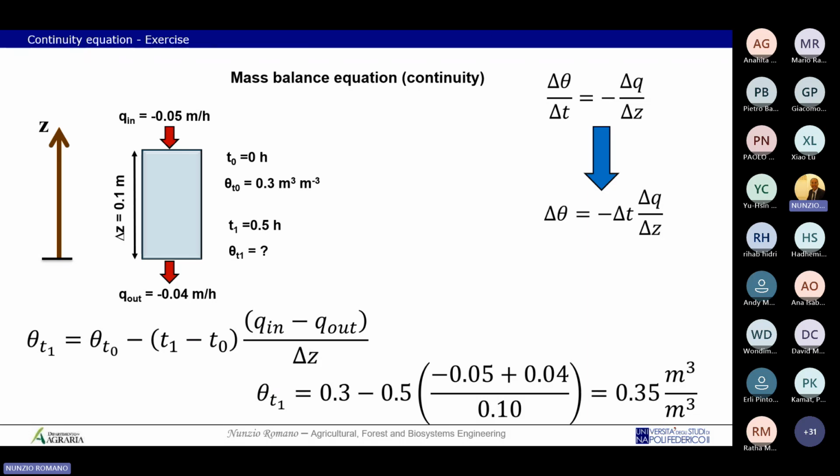This is why we can move from mass to volume, and we consider the volume.